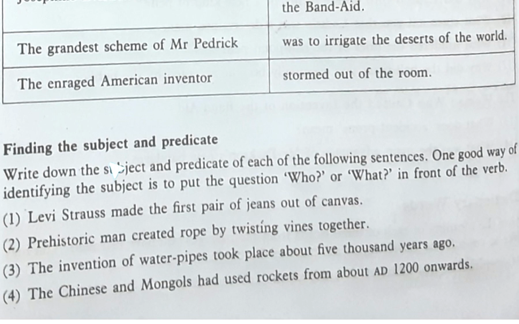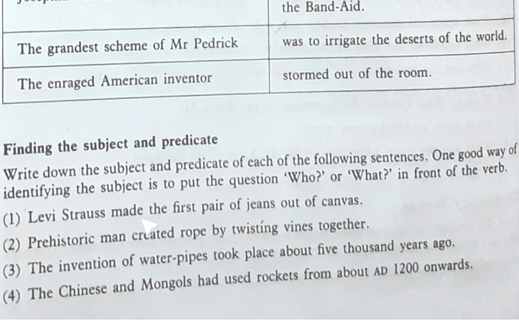After that we are getting an exercise here, finding the subject and predicate. The question is: write down the subject and predicate of each of the following sentences. One good way of identifying the subject is to put the question who or what in front of the verb, as I told before. So let's start.